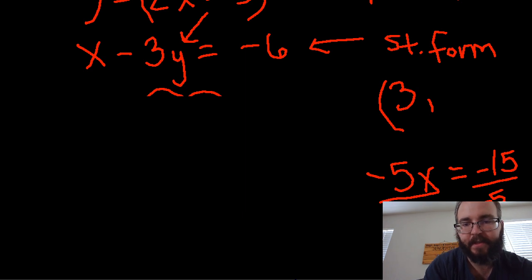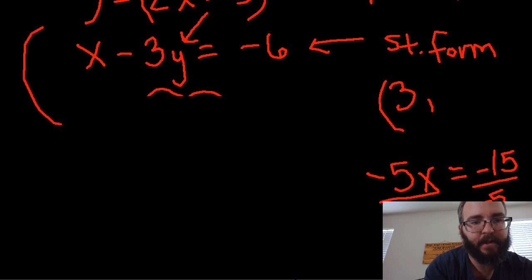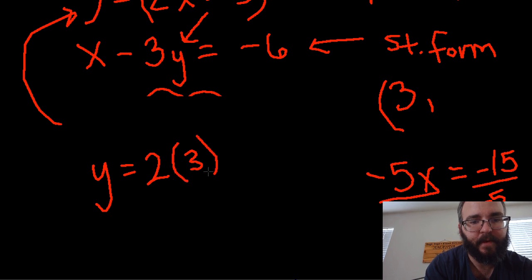Since we know that x is equal to positive 3, we can plug it into our original equation right here. We're going to find out that y equals 2 times positive 3 minus 3. Well, 2 times 3 is going to give us 6, and 6 minus 3 will give us 3.